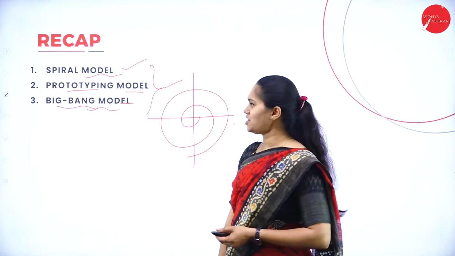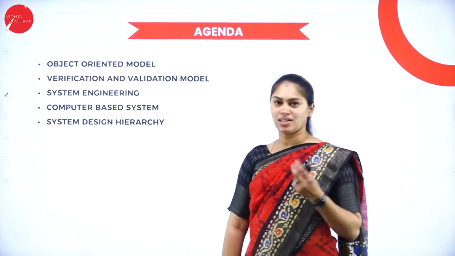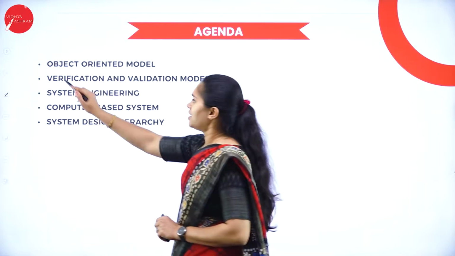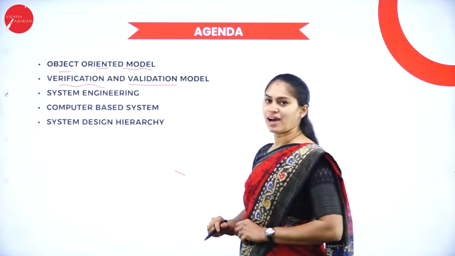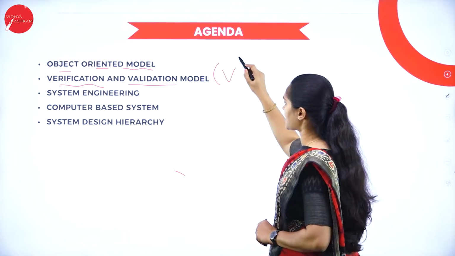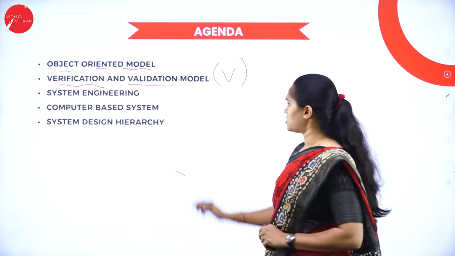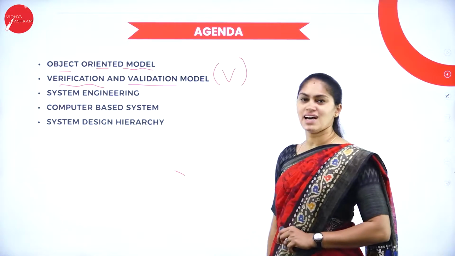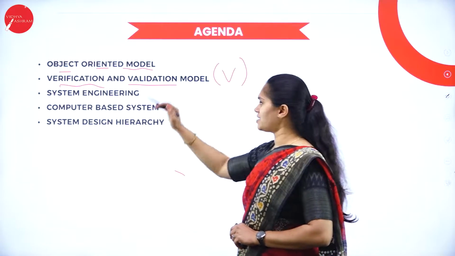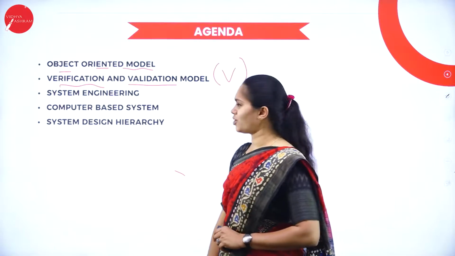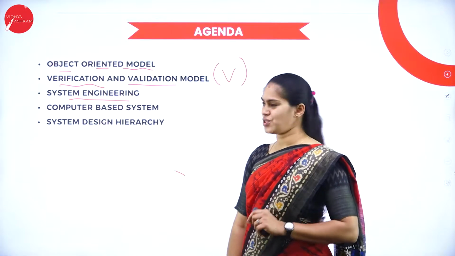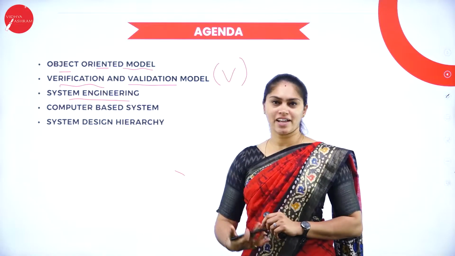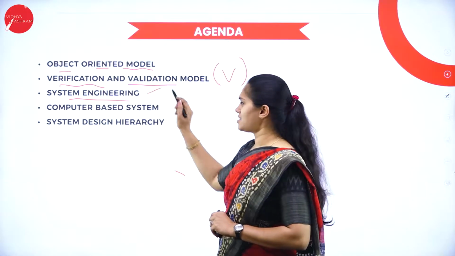In today's session, we'll have 2 more models: the object-oriented model, and the verification and validation model, in short the V model. We'll see what validation and verification is all about. Along with that, we'll see what system engineering is. We know software engineering, but what about system engineering?